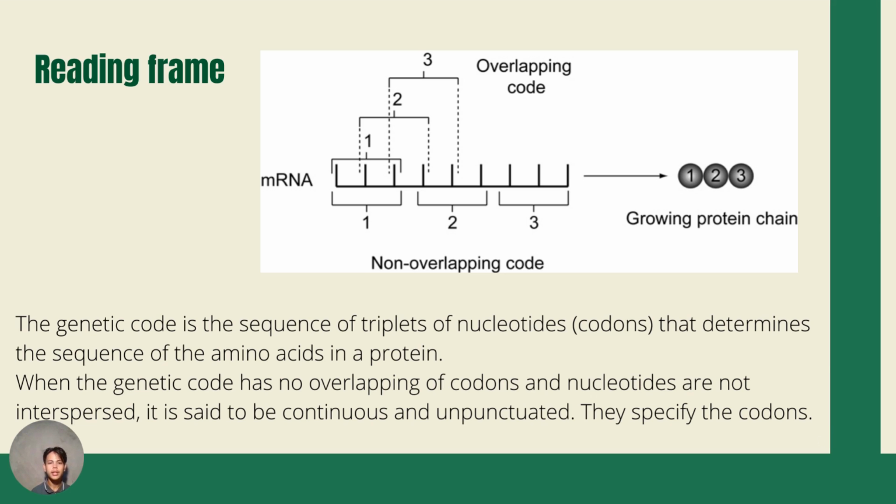So, kung walang nag-overlap na code dito sa ating polypeptide, so walang nucleotides na nag-interperse, so it is said to be continuous and unpunctuated. So, like for example, tatlong codons dito, tatlong codons din dito. So, walang nauulit. So, continuous lang dapat.